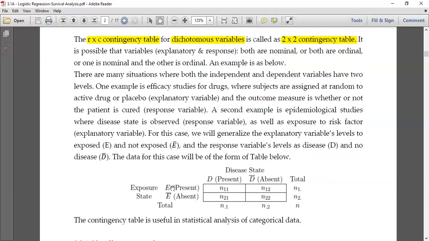What it shows is, among those who are treated, exposed present, let me say treated, n11, the first value, for them the disease state is present. For this many numbers it may be absent. For example, this may be 20, this may be 50, some number. Add the two, 20 plus 50, total 70. This is the row-wise sum.